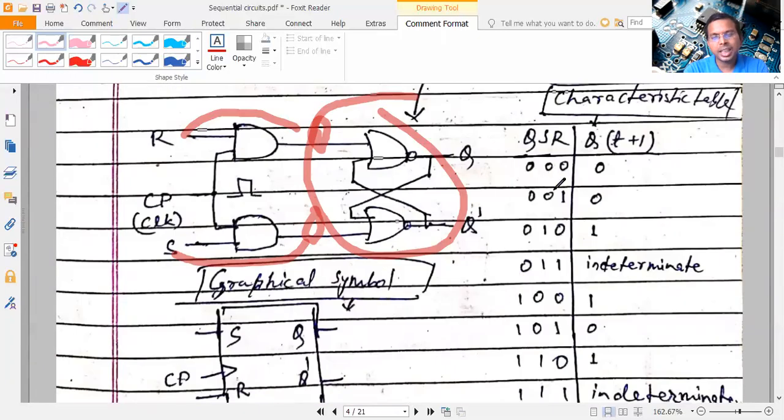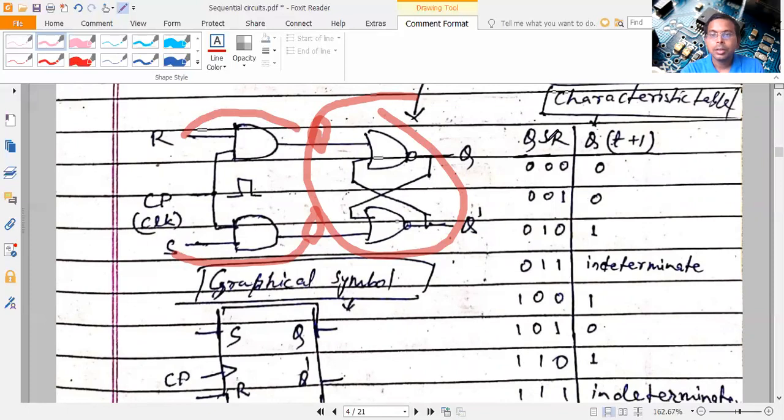So if both S, R are 0 and Q present state is 0, nothing is going to change, output remains 0. Nothing magic is happening here, just if you match the previous table to this, everything will follow.